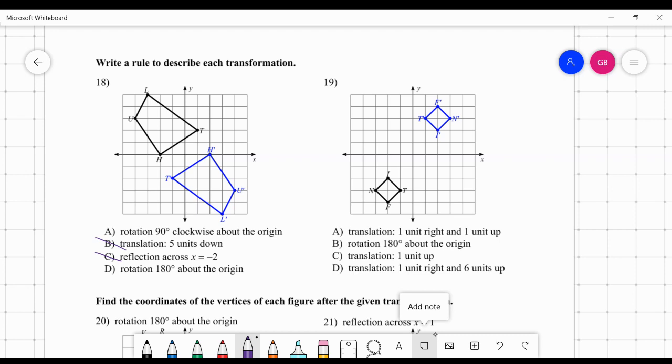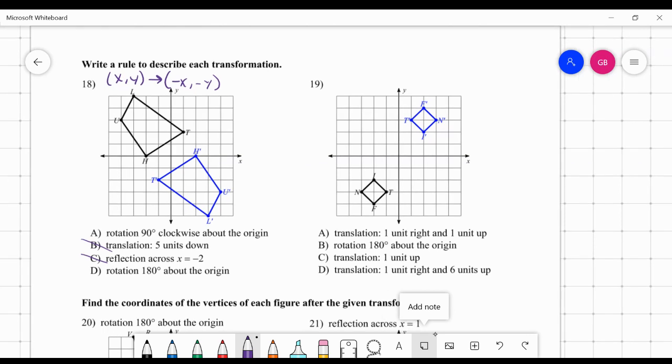So L, for example, moved from quadrant 2 all the way to quadrant 4. So it did move 2 quadrants over. So it looks like it's going to be that one. If it's 180, let's check with the rule. If it rotates 180, each (x, y) turns into (-x, -y).